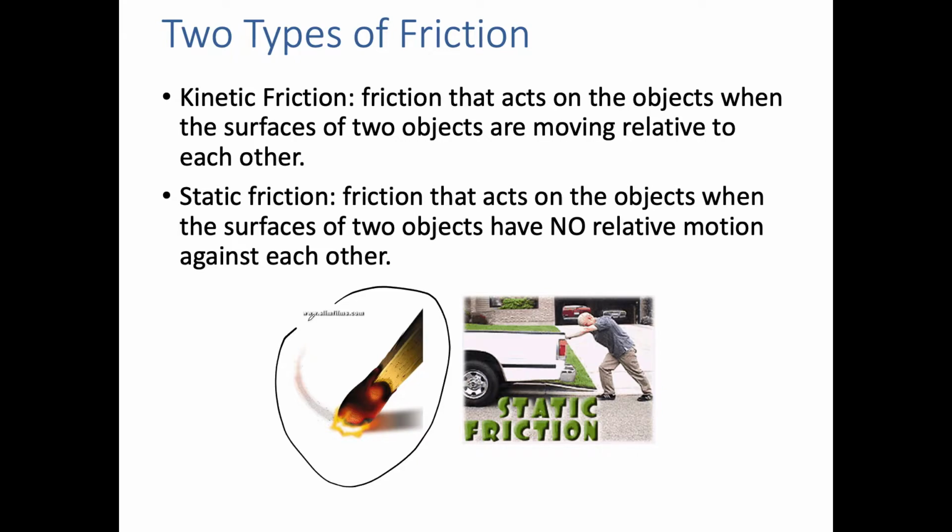The friction between the tire and the ground, basically the friction that pushes the car forward, is that static friction or kinetic friction? So let's reveal the answer at the end of this video. I will ask you to think about this.